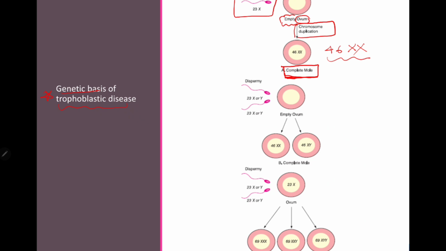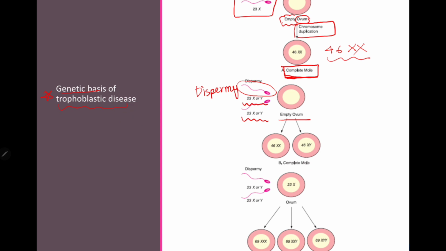Now the next scenario is there is an empty ovum again. This empty ovum is now fertilized by 2 sperms. That is dispermy. What is dispermy? The empty ovum is fertilized by 2 sperms. Each can be either 23X or 23Y.